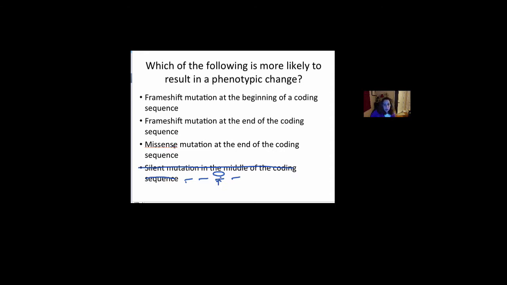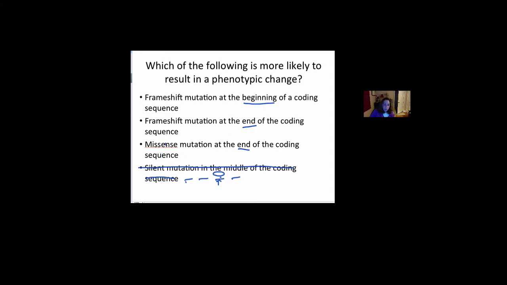Now the other thing you want to look at is mutations at the end or the beginning of the coding sequence. Mutations at the end of the coding sequence, unless it's a silent mutation, are going to be less likely to generate a phenotypic change than those at the beginning.